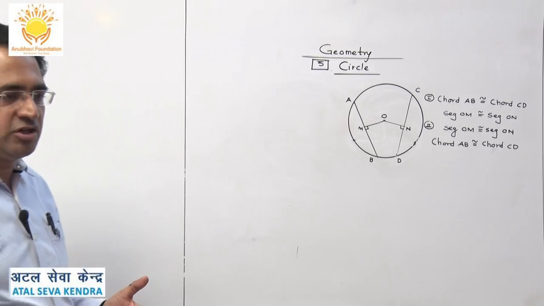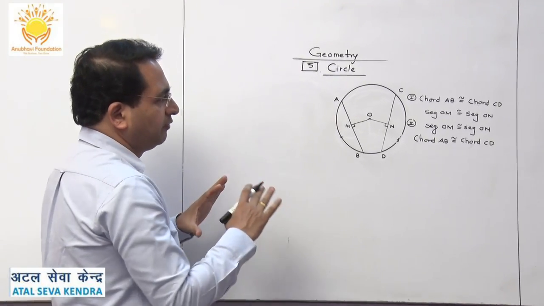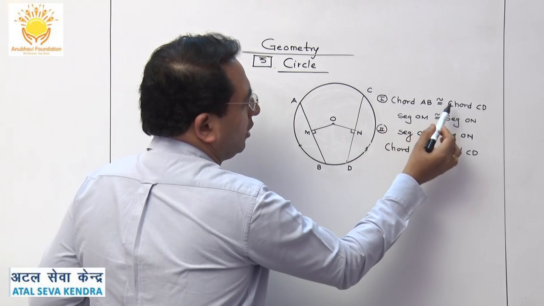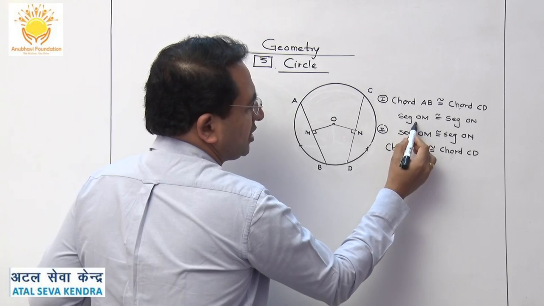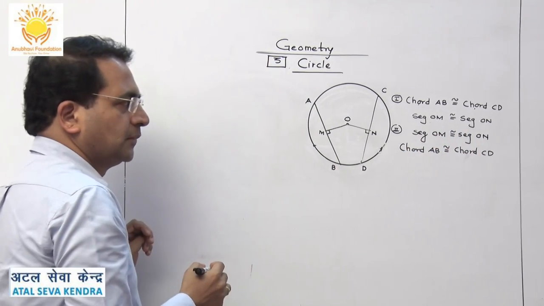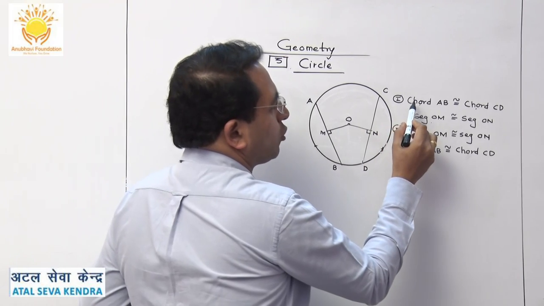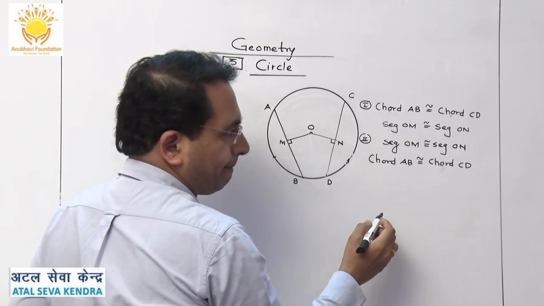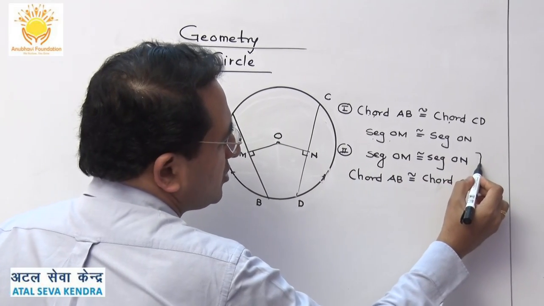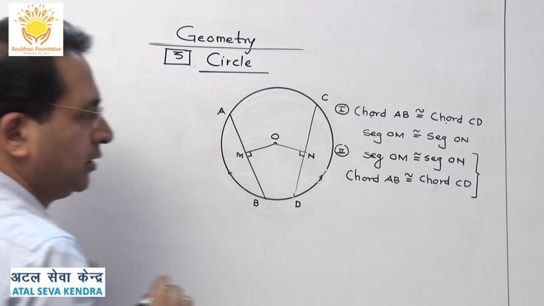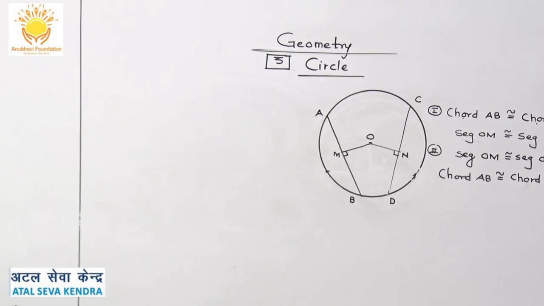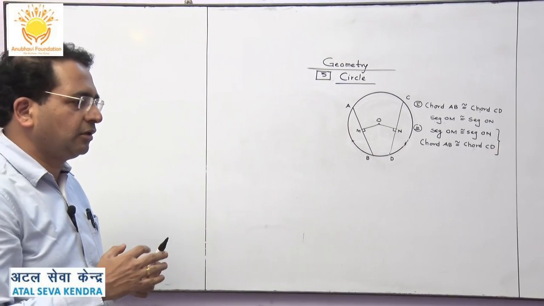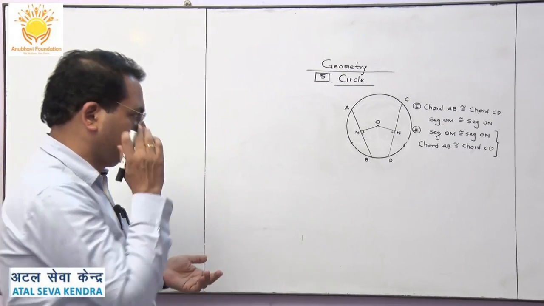In very simple language, it is a very clear cut statement. Congruent chords are equidistant from the center. And what will be the converse of this? The converse is, if the chords of the same circle are equidistant from the center, then they are congruent.